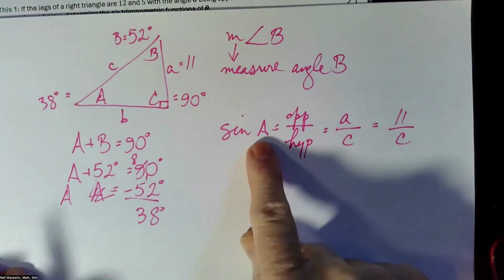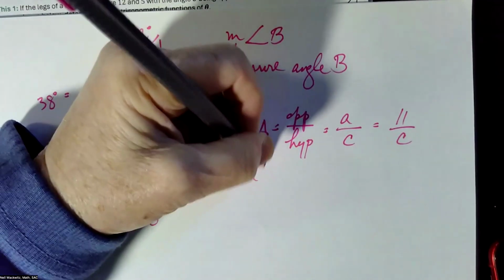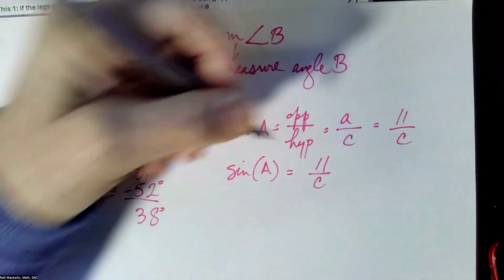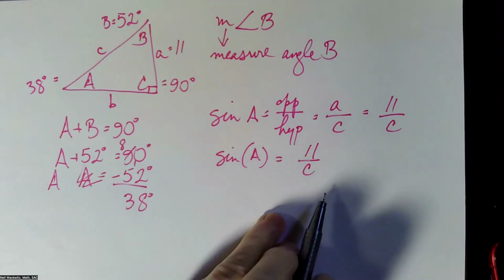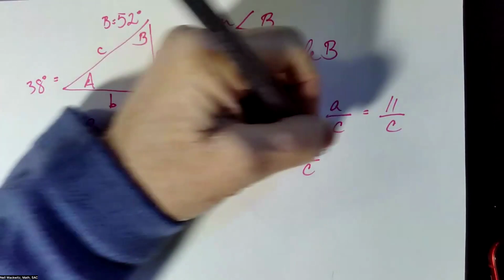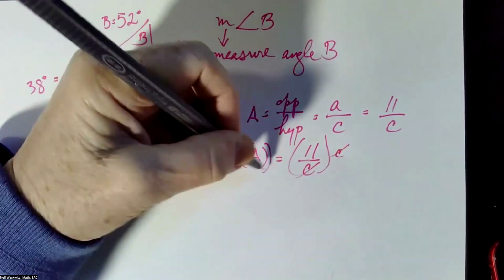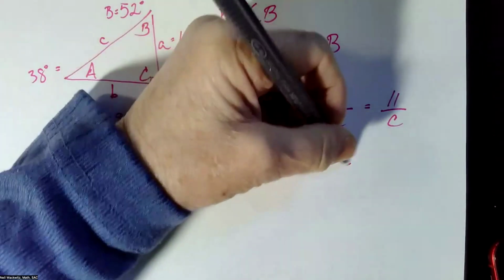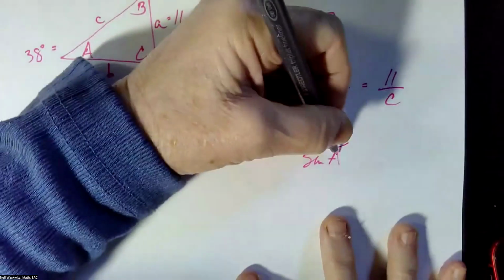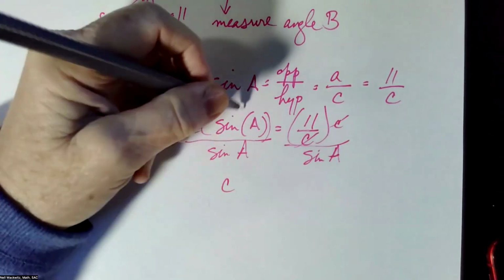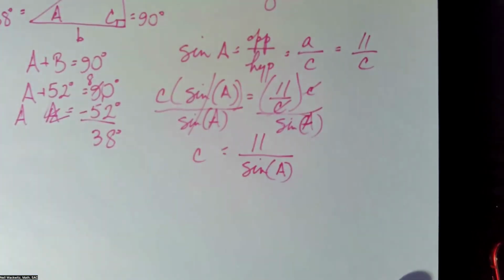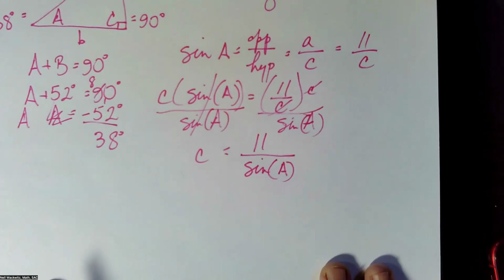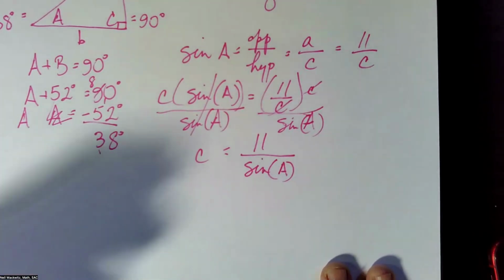And C, we don't know C. We do know A. So the sine of A is 11 over C. Let's go ahead and solve this little equation for C before we fill in the sine of A. So I'm going to multiply both sides by C and divide both sides by the sine of A. And we get that C is equal to 11 divided by the sine of A. Whoa, what's the sine of A? Oh, okay. So A is 38 degrees.